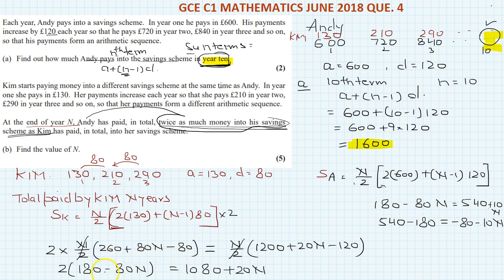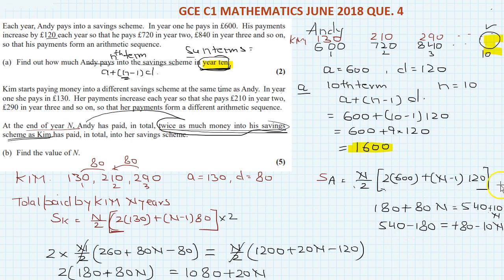Now this 80n is positive. So this is positive, minus 10n. Still there's some mistake somewhere, because it cannot be like that.